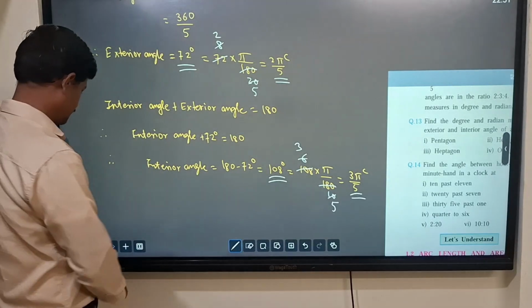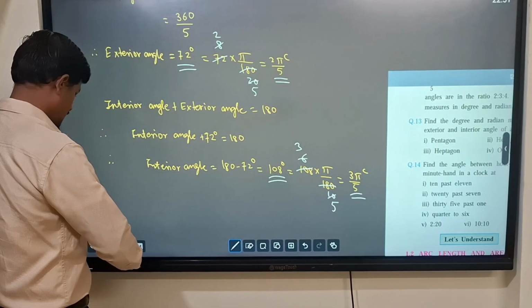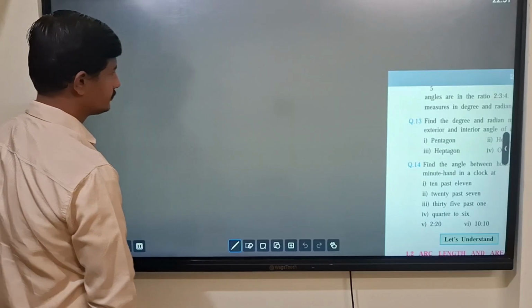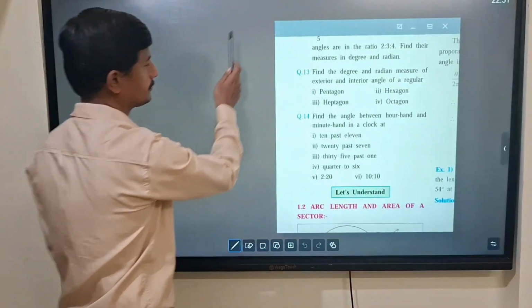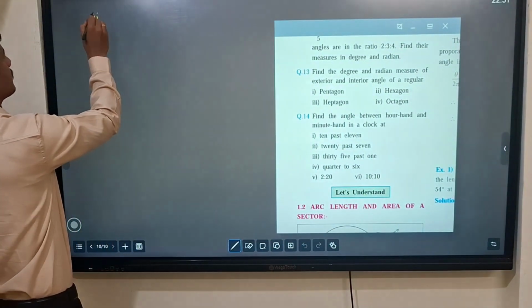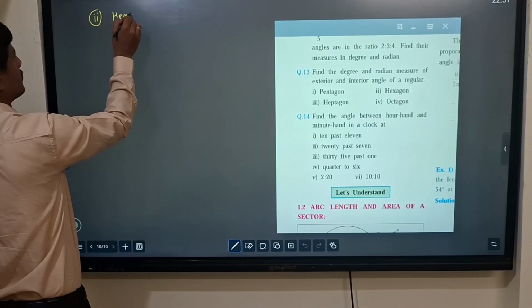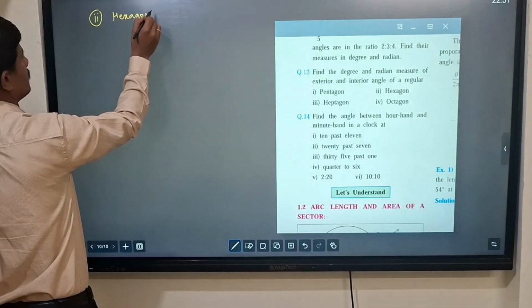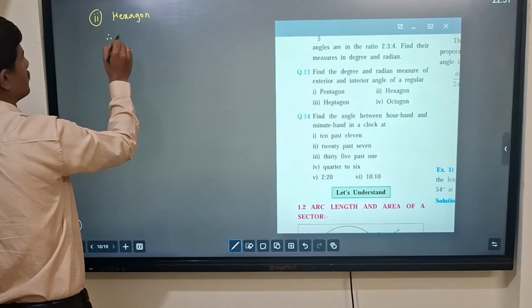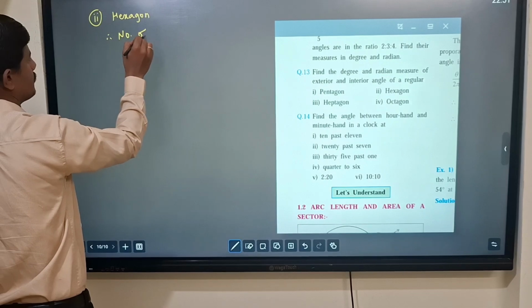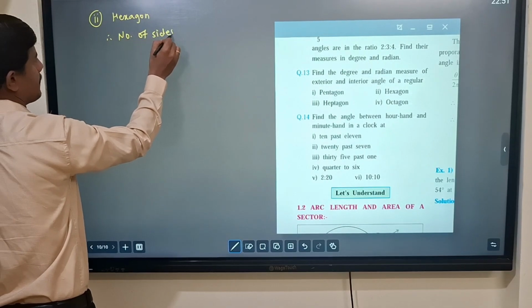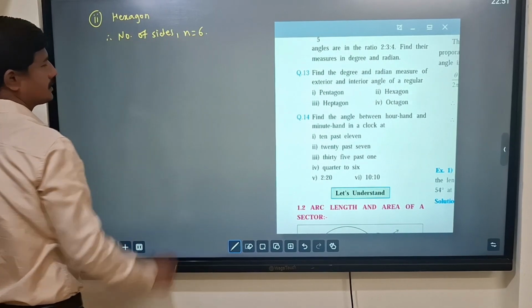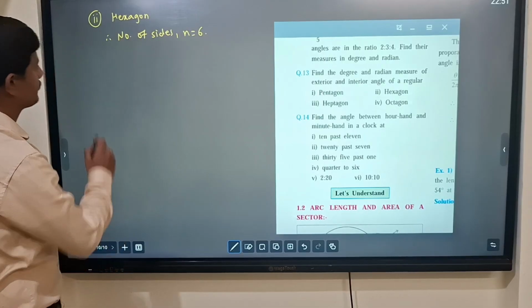Now for hexagon. Number of sides n equal to 6.